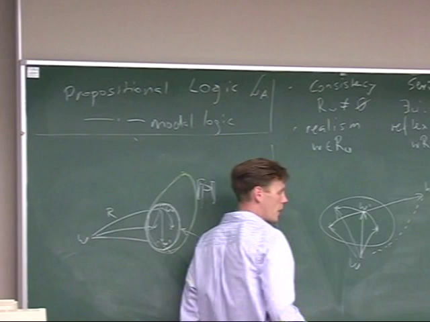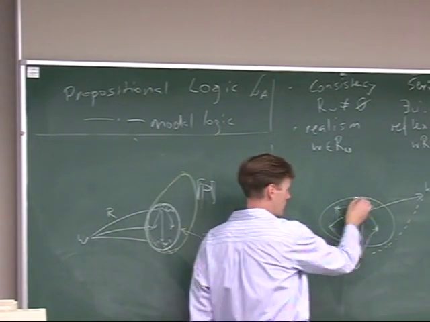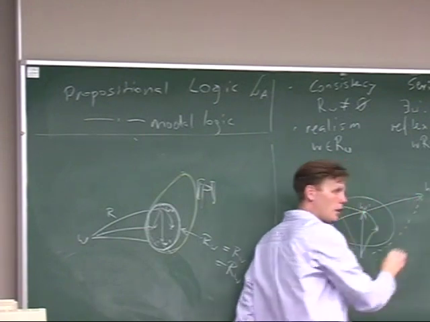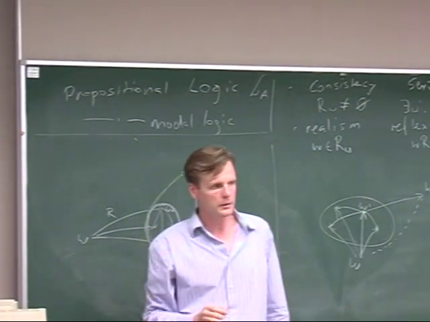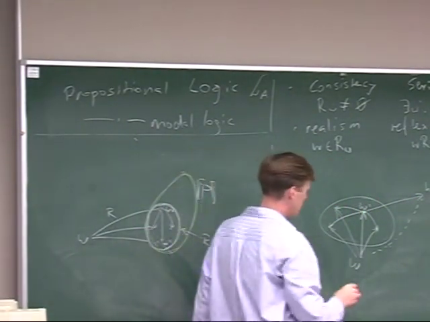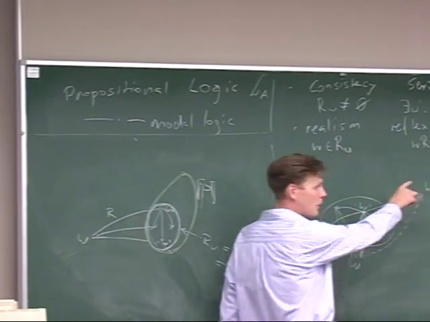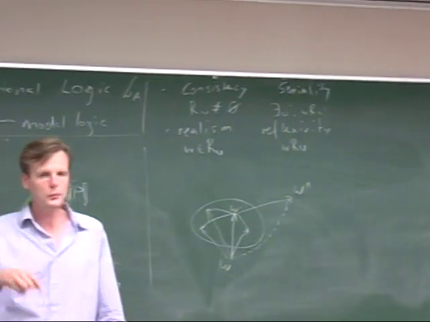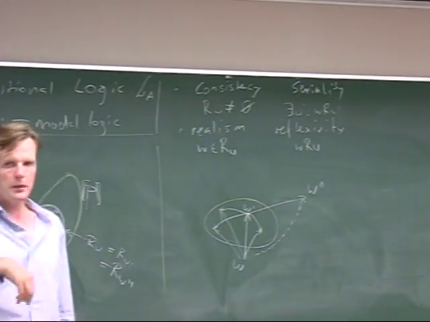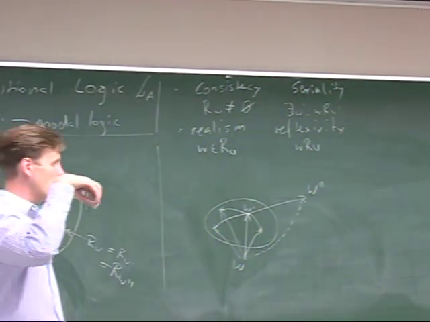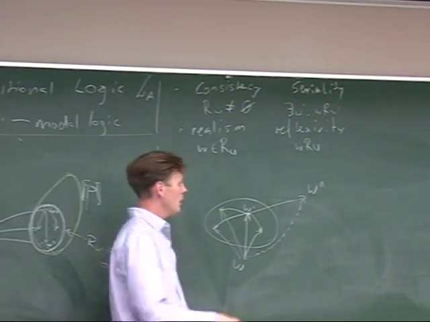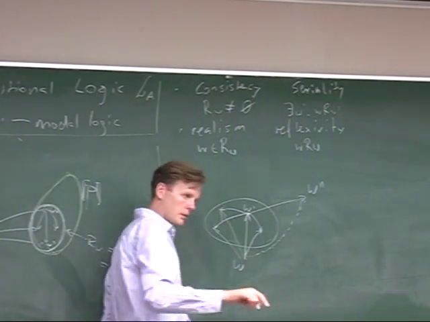The modal base is transitive when you're restricted to this, but as soon as you have an arrow going outside, transitivity is violated. You can't have this. This W double prime over here must be in the modal base as well if the relation is transitive. Now if you say, I am talking about a transitive relation, that means you are saying I am not talking about a case like this.